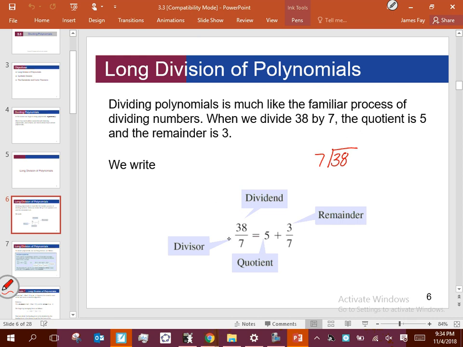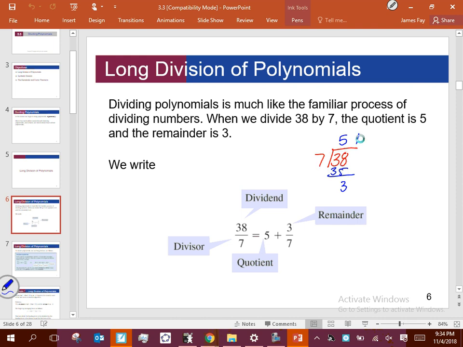The 7 is referred to as the divisor. The 38 is what we call the dividend. And then once we start getting a solution for what this is, 5 is referred to as the quotient. Then you would do the 35 here, subtract, and that gives you 3. Now, you know that this is a remainder because it's less than the divisor.